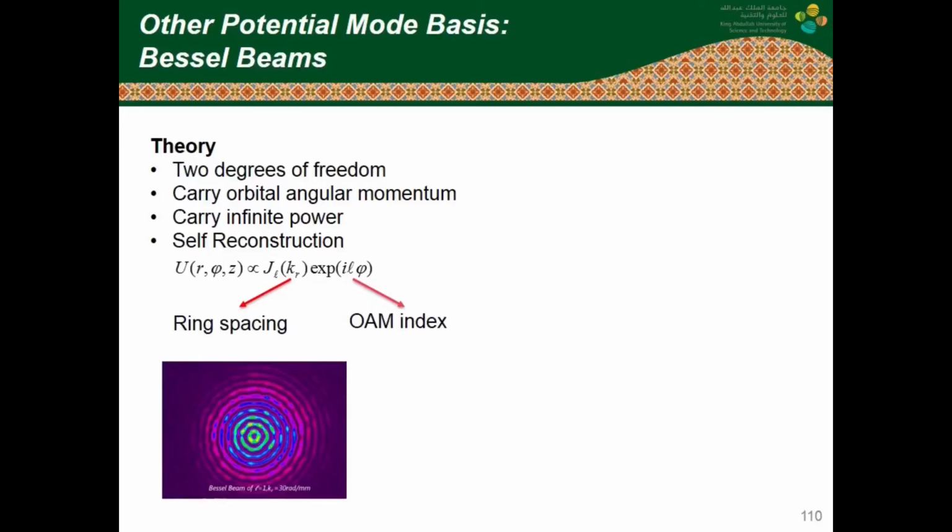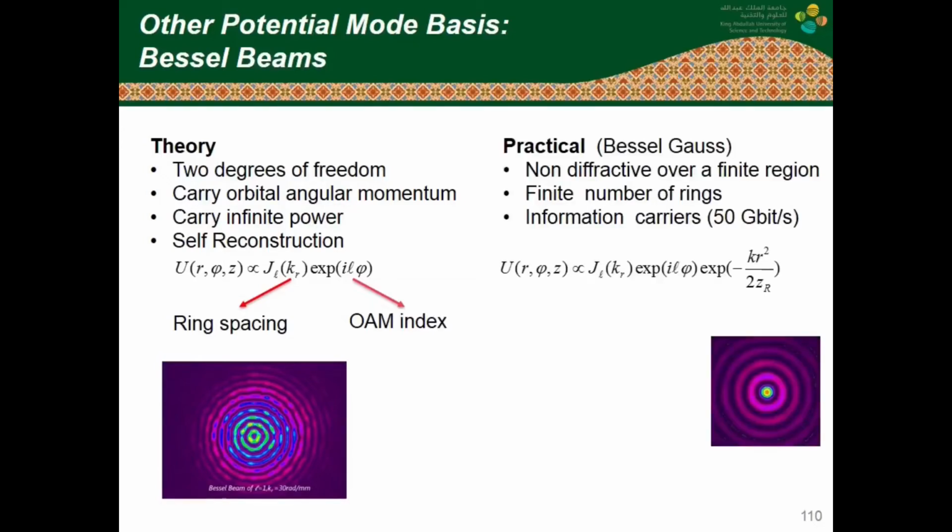These beams are approximated in practice via Bessel-Gaussian beams. Bessel-Gaussian beams are non-diffractive over a finite region, can carry orbital angular momentum, and can be used as information carriers, as demonstrated in the literature. The electric field of a Bessel-Gaussian beam is the same as the non-diffractive one, but modulated with a Gaussian function.